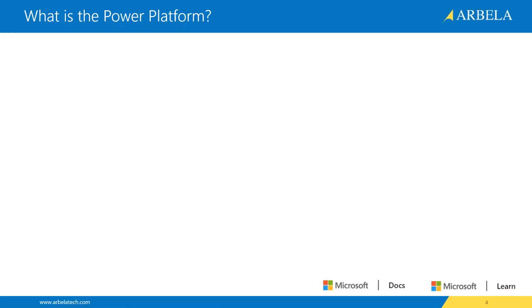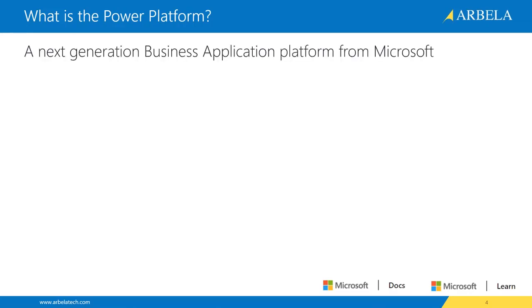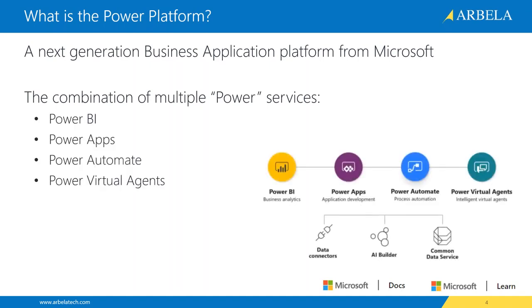What is the Power Platform? Well, the Power Platform is a next-generation business application platform from Microsoft. It is the combination of multiple Power services. Many people on the call are going to be familiar with these. We have Power BI, Power Apps, Power Automate, and Power Virtual Agents.